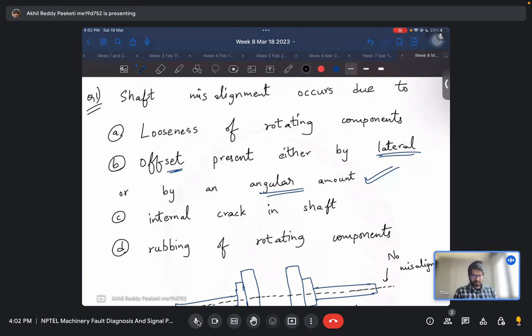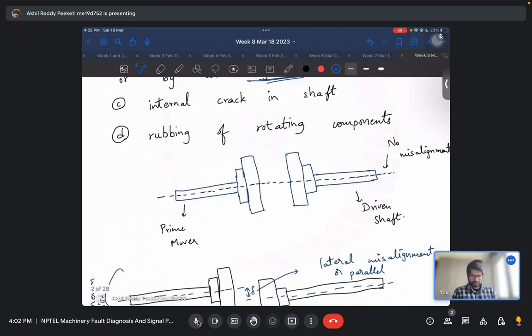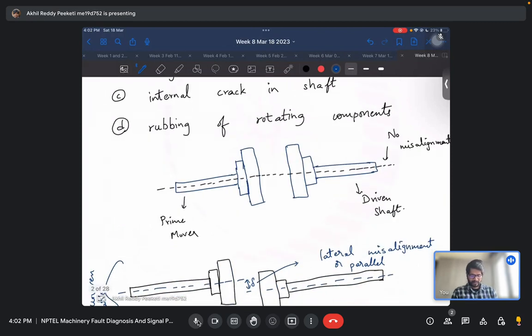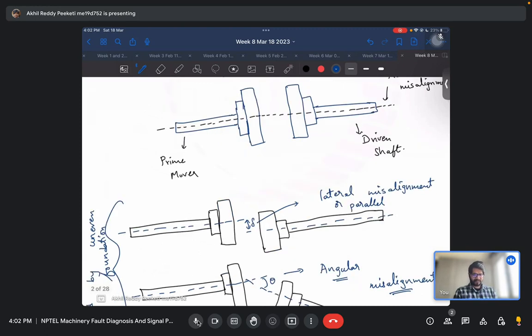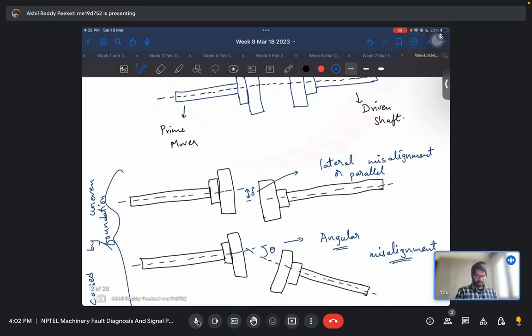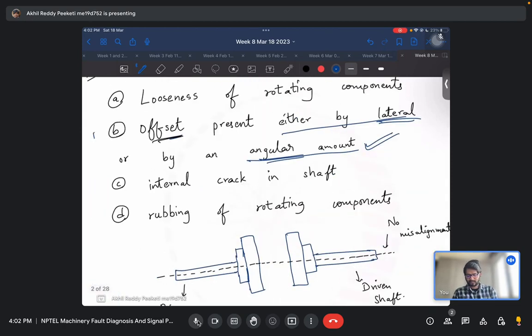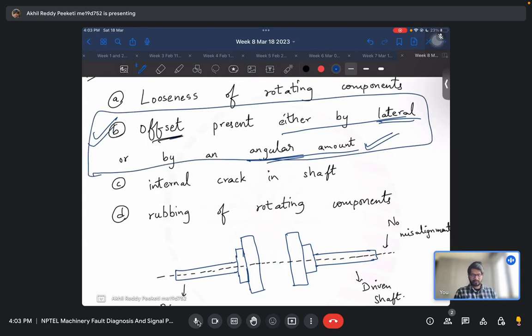Shaft misalignment occurs due to any offset present, either lateral or angular. If the prime mover and the driven shaft axes are perfectly concentric, then there is no misalignment. But if there is a lateral deflection between these two, then that leads to lateral or parallel misalignment. But if there is an angular deviation, then it leads to angular misalignment like this. Okay. So it is caused by an offset, either lateral or angular.